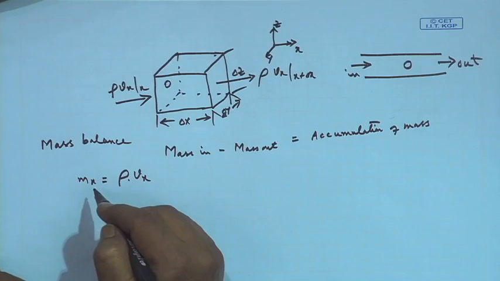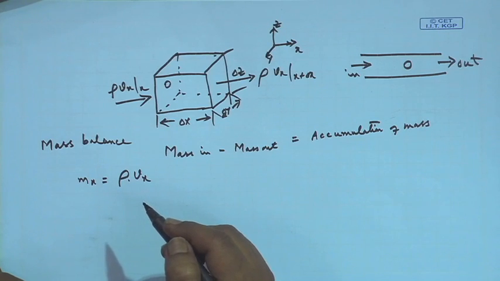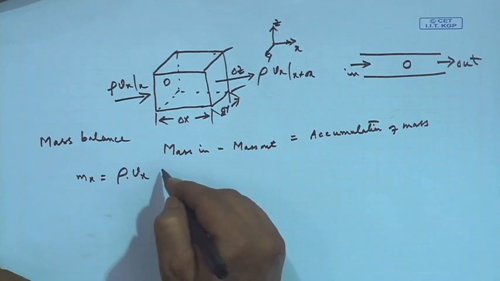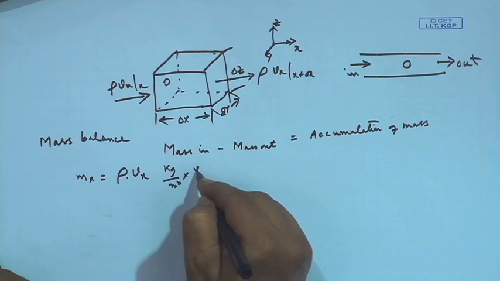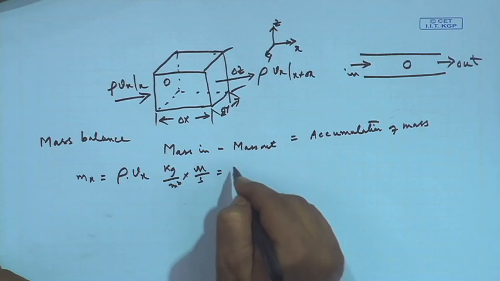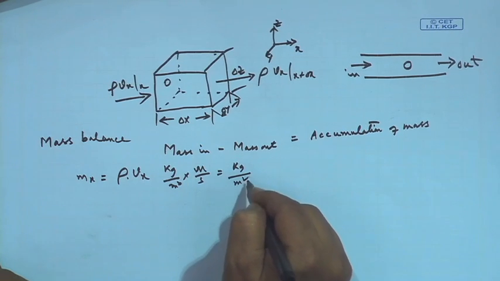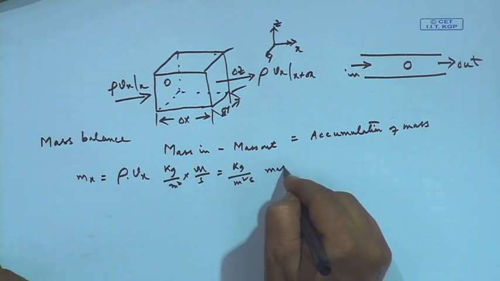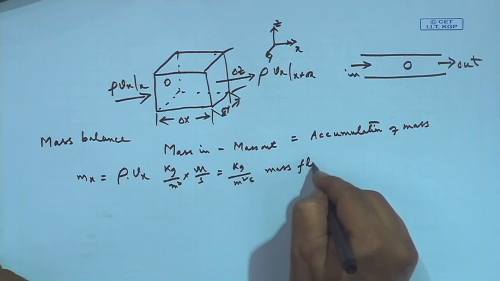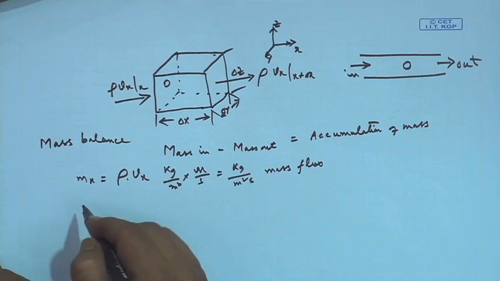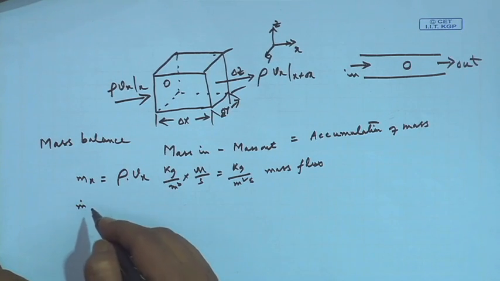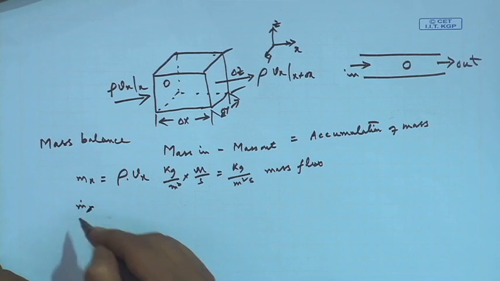The unit is kg per meter cube into meter per second, so it becomes kg per meter square second, which, as we already said, is nothing but mass flux.